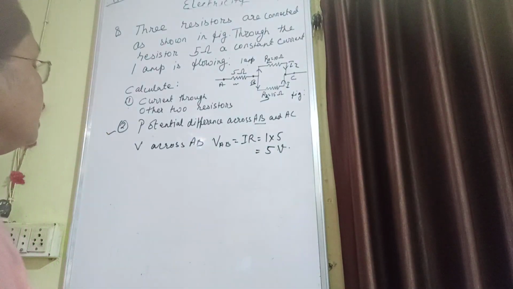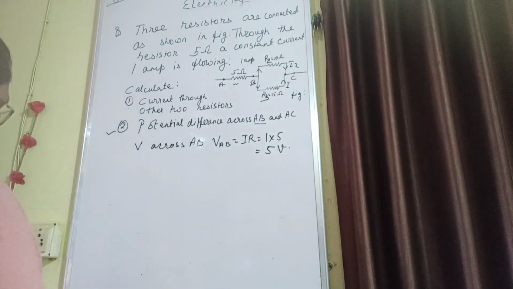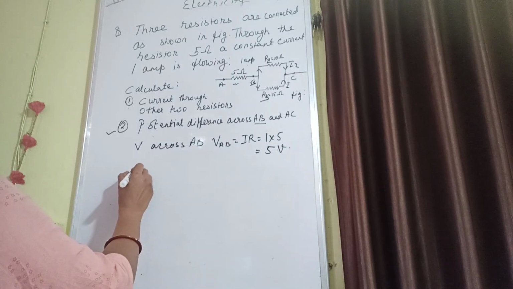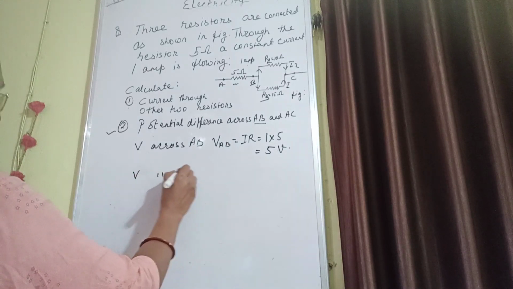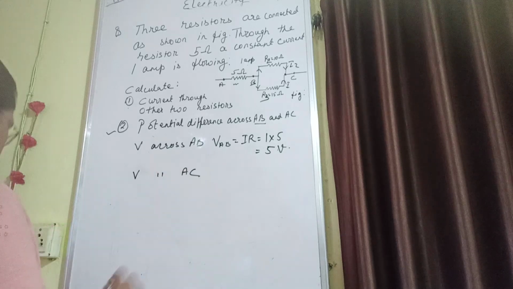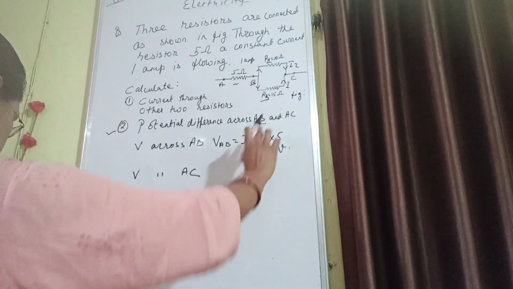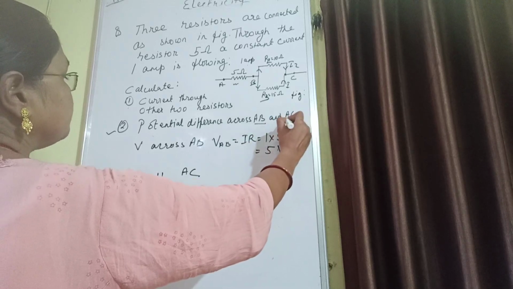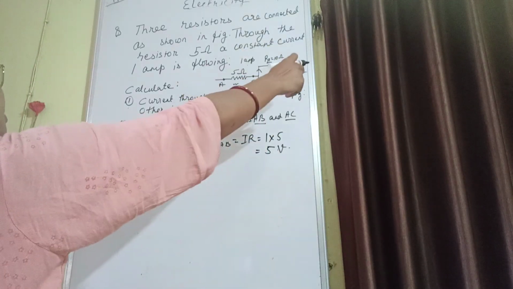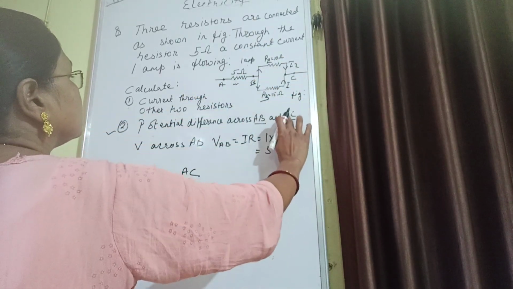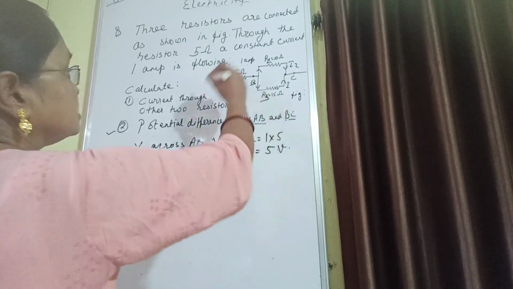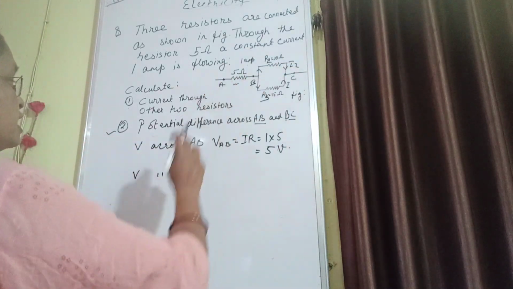We have got it. Let us find the V across BC. First we will find through BC and then the total, AC.